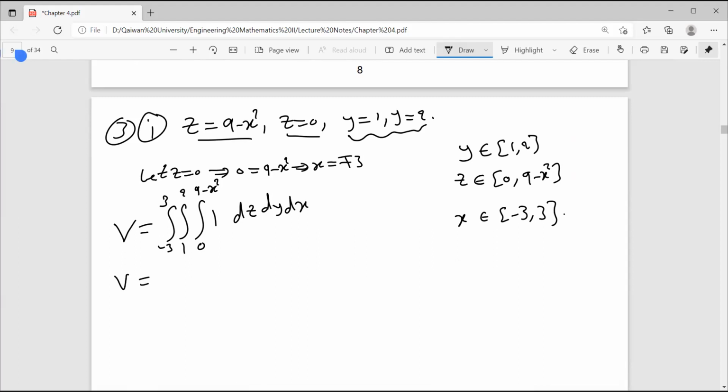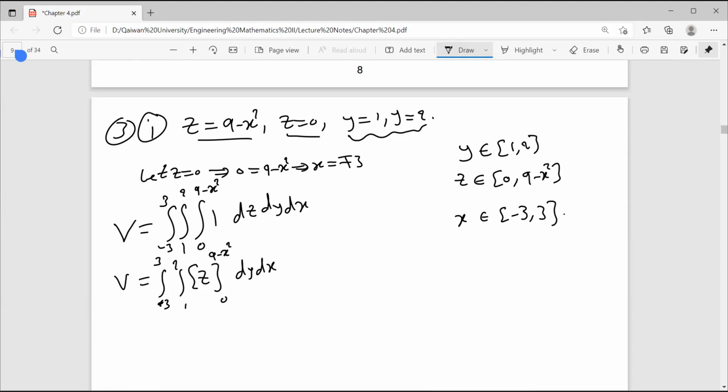We say V equals. First, we take the integration with respect to z. So you get the integration from minus 3 to 3, integration from 1 to 2, then z from 0 to 9 minus x squared dy dx. This integration is here.